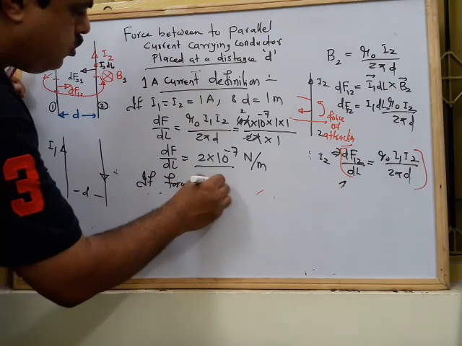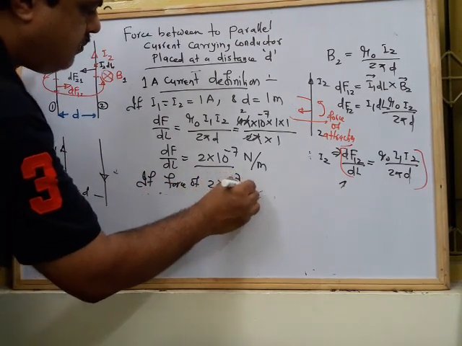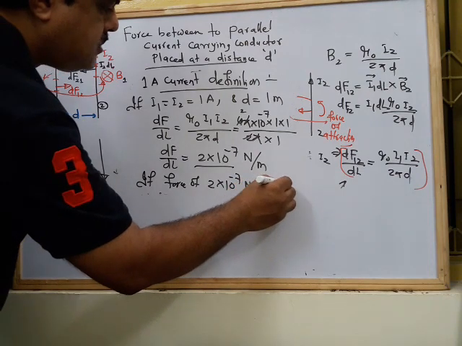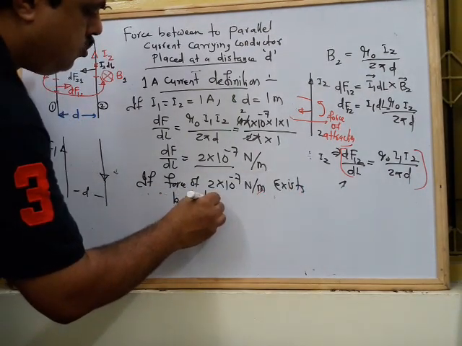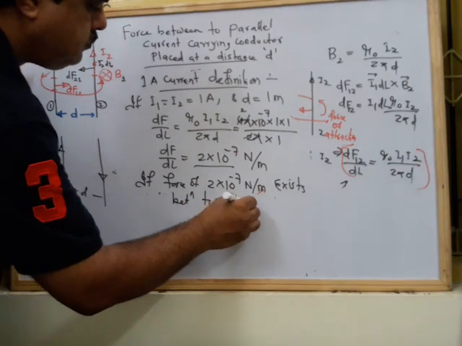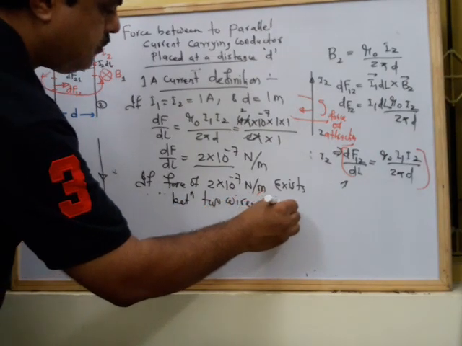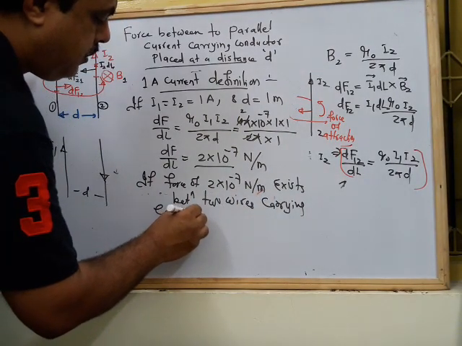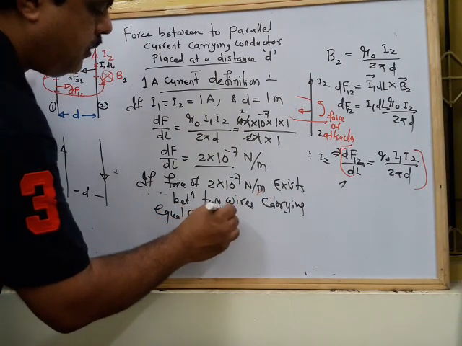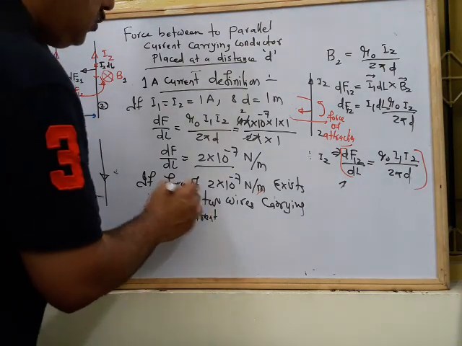If a force of 2 into 10 to the power -7 Newton per meter exists between two wires carrying equal currents, and the force is what?